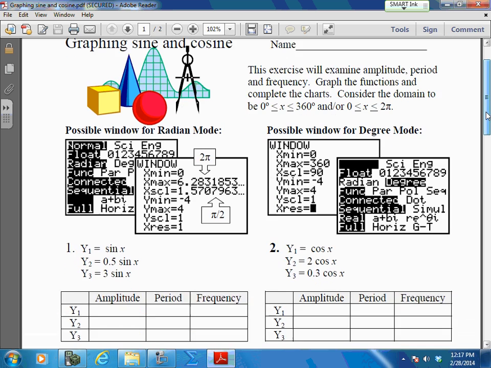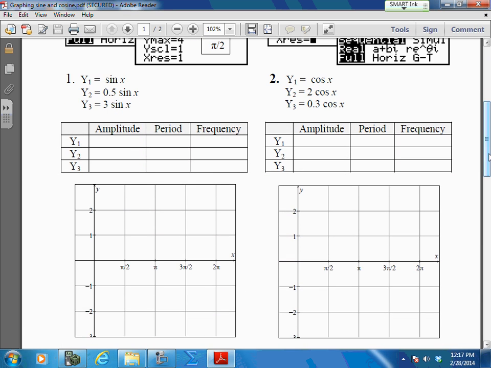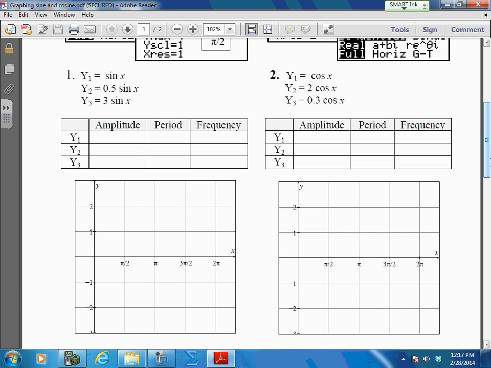You can graph them, but I'd like you to be able to sketch without your calculators. Use the quadrant angles. For sine, we're going to go through 0, 1, 0, negative 1, 0. For cosine, 1, 0, negative 1, 0, 1. That's your 4 quadrants, and it brings us back to the original.